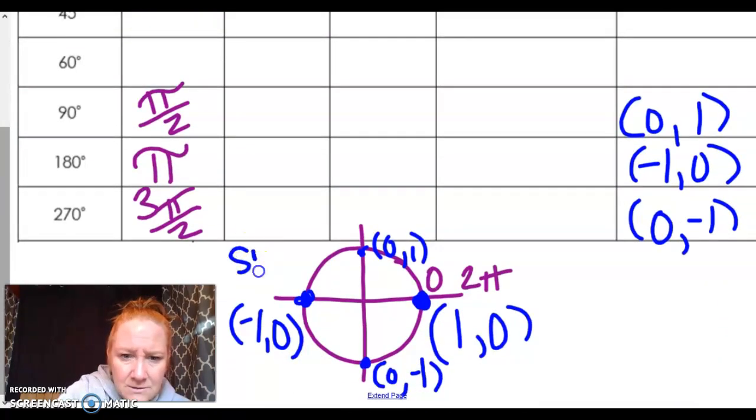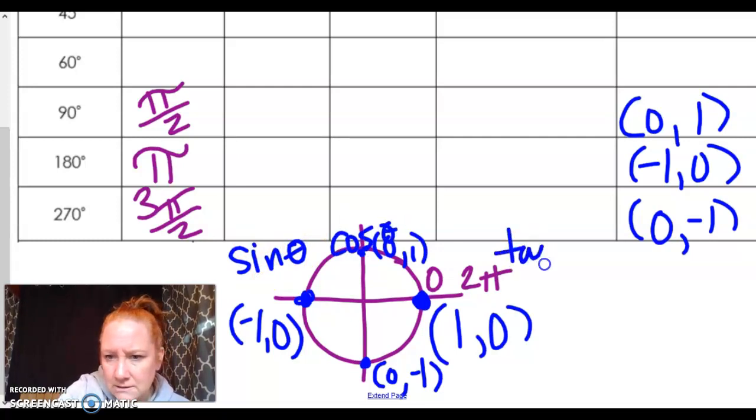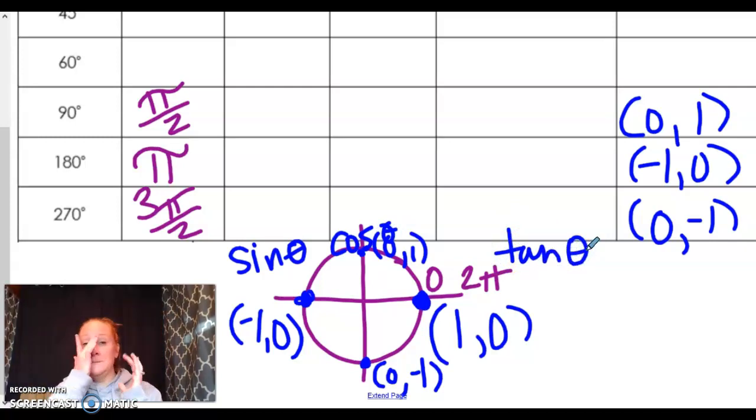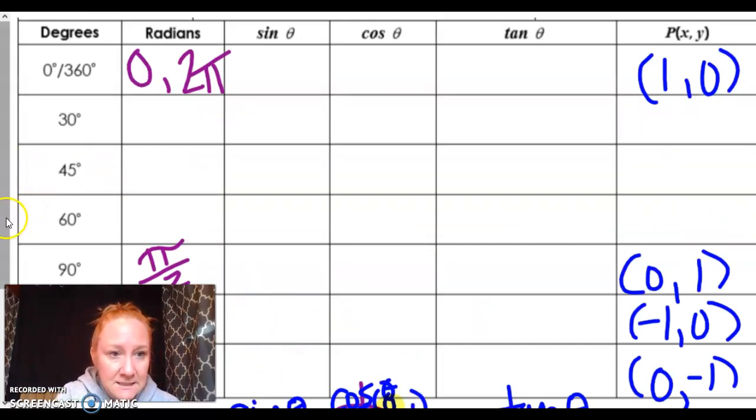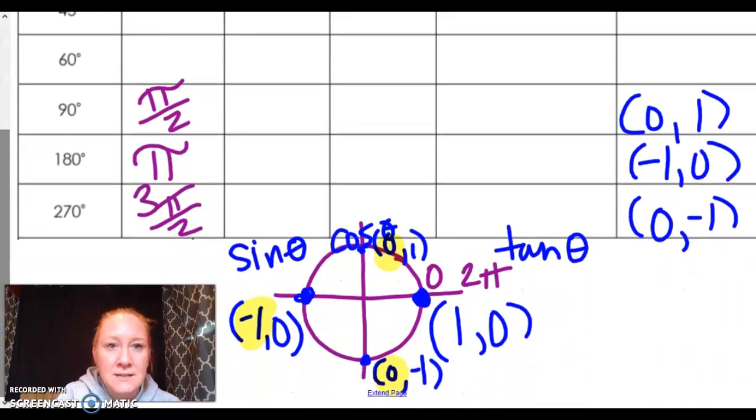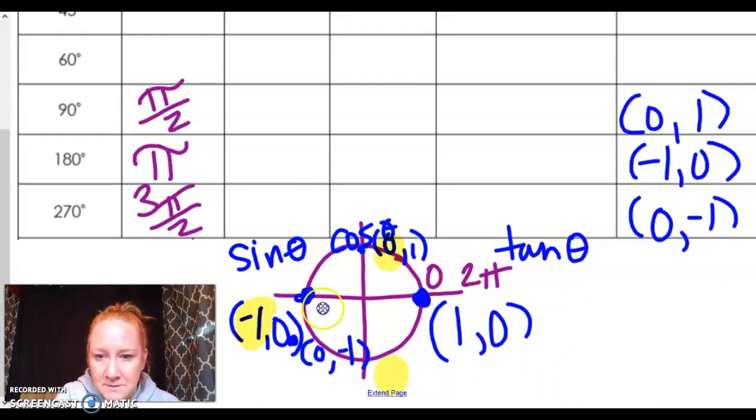So I'm just going to write this down here. So sine goes in this, cosine is going to go in this, and tangent is going to go in this. So that cosine isn't on the unit circle. I'm just trying to fit things in. Okay, so I've got some things in here, and I had to go back and fix what I was doing. So let's grab this picture.